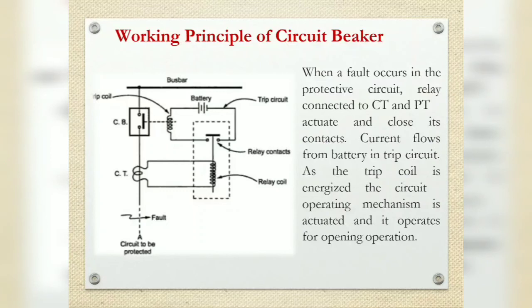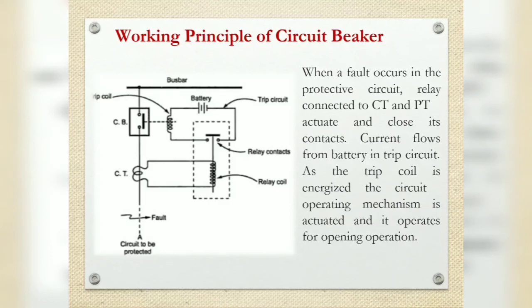The primary of the current transformer is connected to the line to be protected, and the secondary is connected to the relay coil. If there is a fault, then there will be high current in the line.